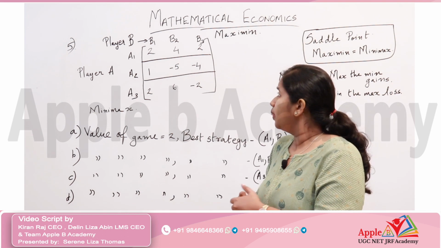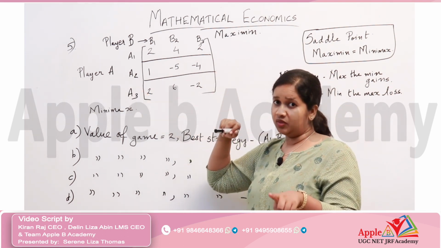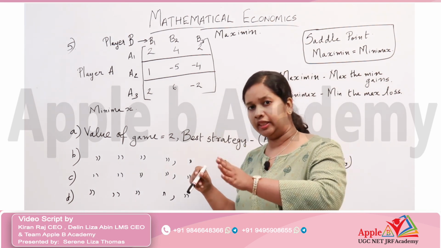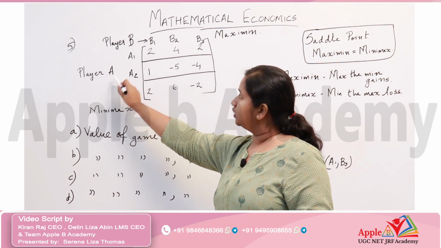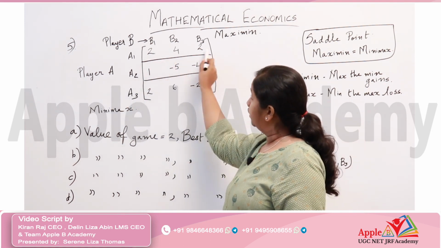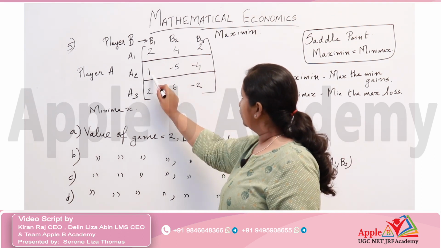Now, player A follows the maxi-min strategy, that is maximizing the minimum gains, and we read the matrix row-wise for player A. Player A has 3 rows.